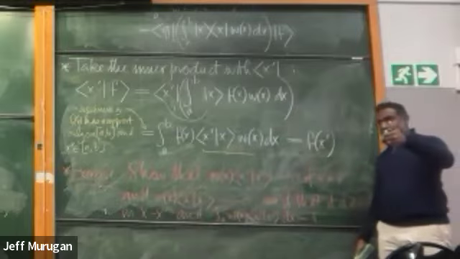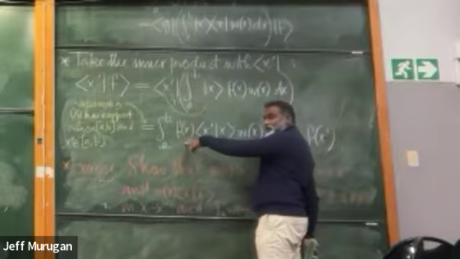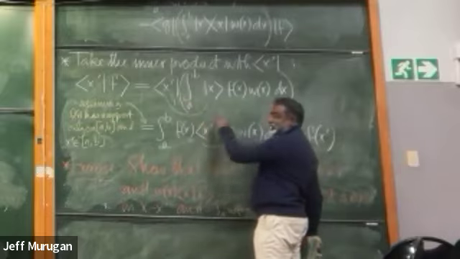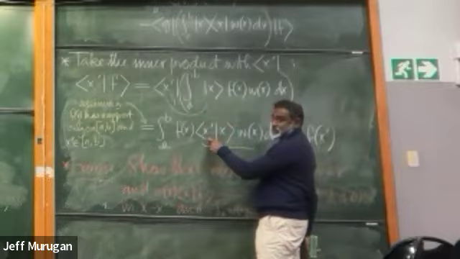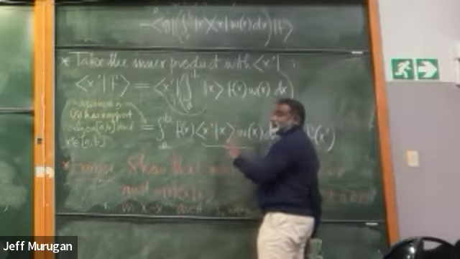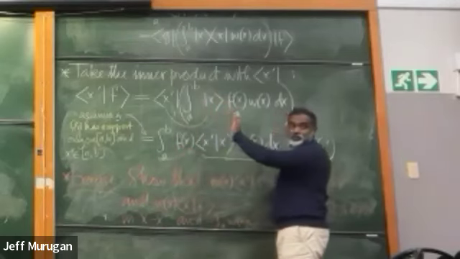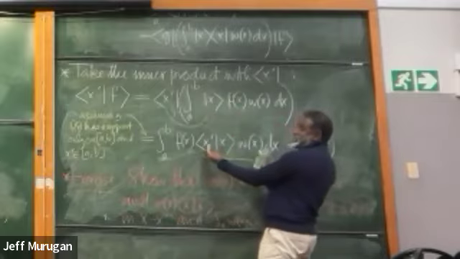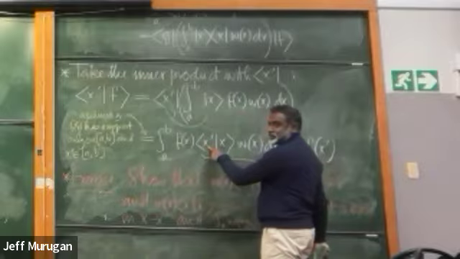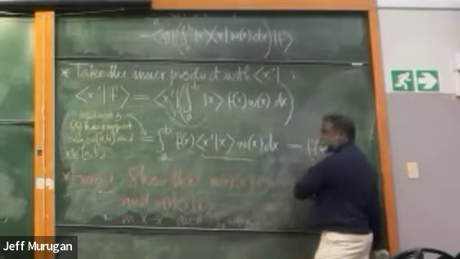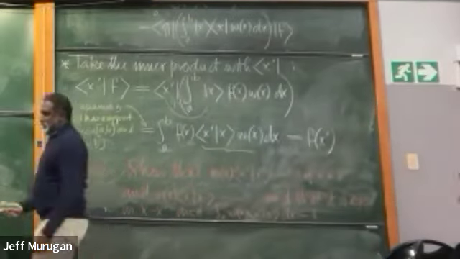I've got a function F. I take that function over its entire domain, and multiply it by whatever this is. The only thing I know is that it's a function of X and X prime. Then I integrate it over its domain, and this has the effect of sampling the function at this point. That's what this does for us, and that's why we need to do the extra work to show what this is.